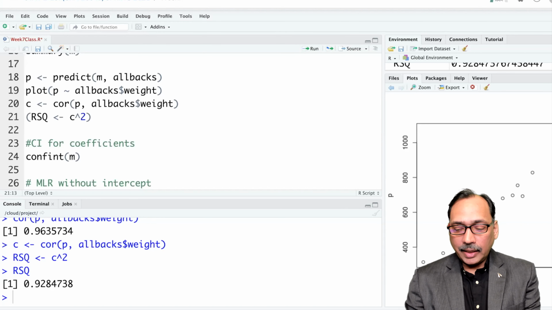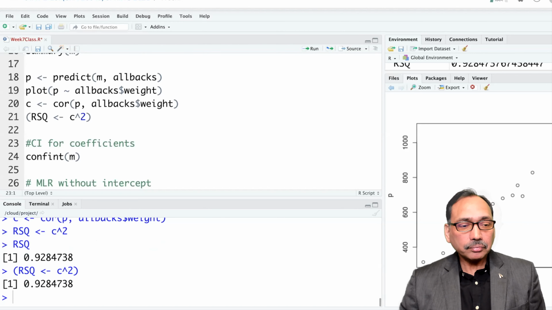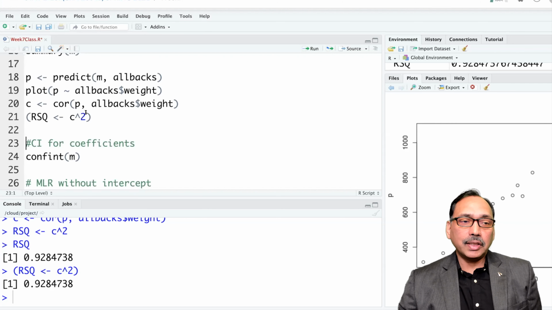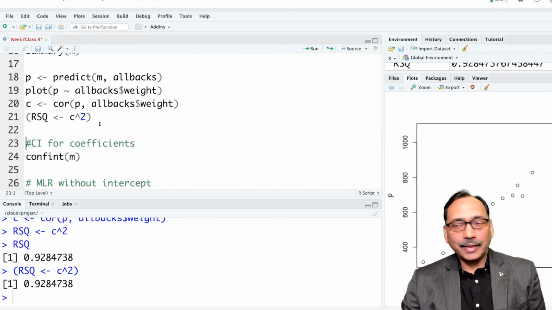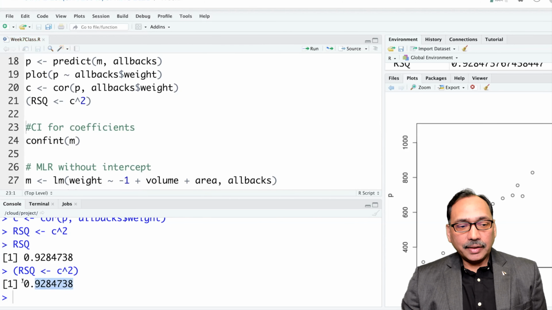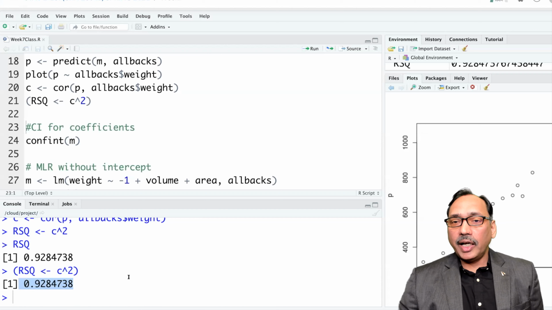So it does that as a two-in-one kind of situation. Whenever you also want to look at the output, you don't have to repeat something. You just put parentheses at the beginning and at the end. That should do it. This is how you can calculate multiple R square in multiple linear regression situations.